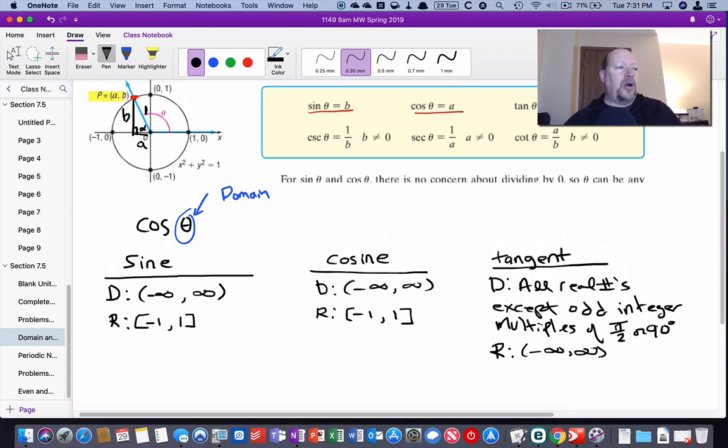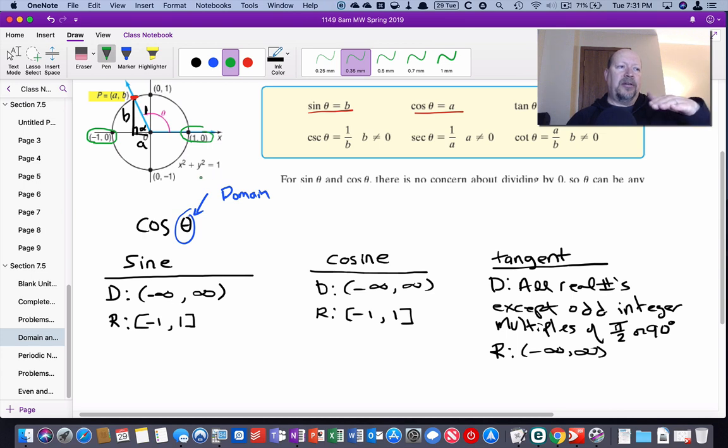Well, where are the y coordinates 0 on the unit circle? Over here straight to the left, negative 1, 0, which would be at 180 degrees or pi. And then over here at 0, we also have a y value of 0.